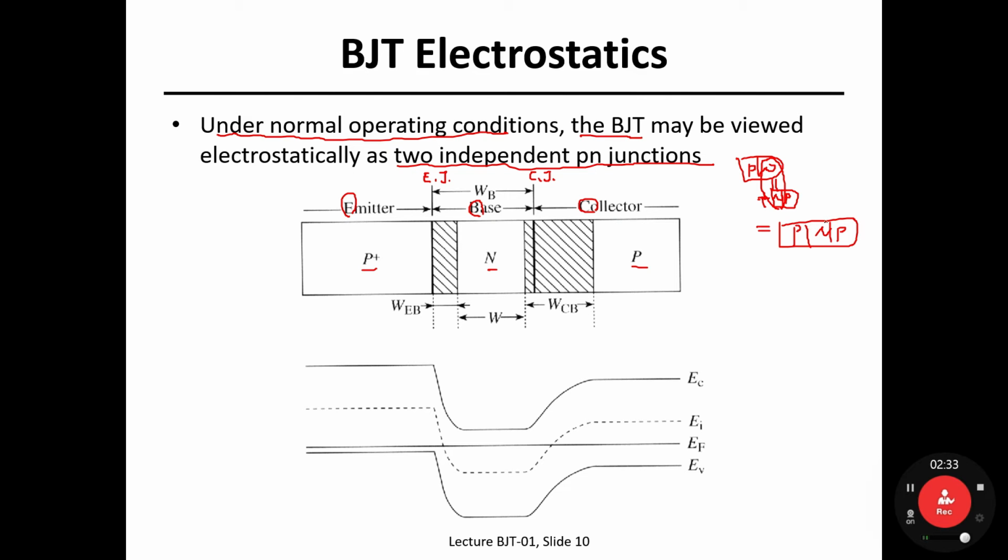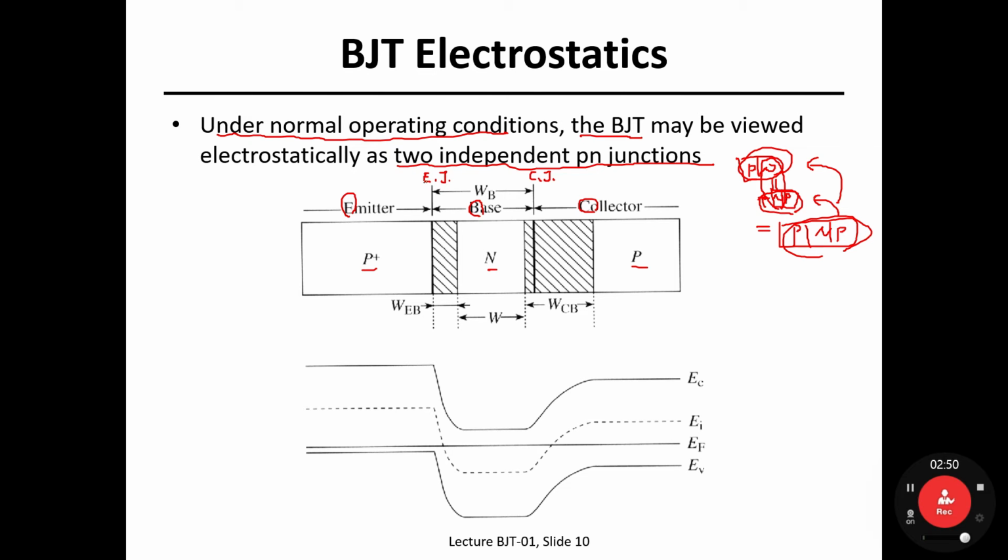If you split this BJT device into two different segments, such as a PN and another NP junction, then you can more easily analyze the electrostatics of BJT.